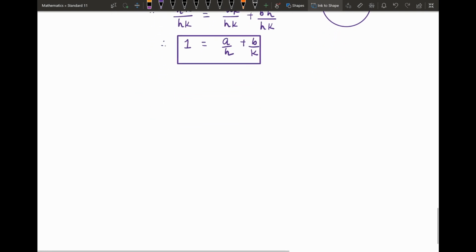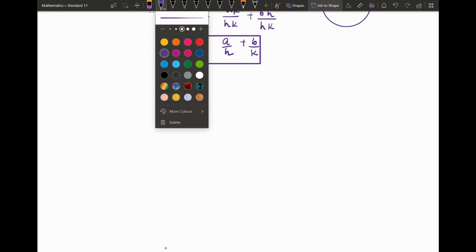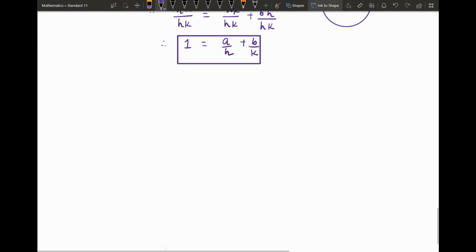If the slope of a line is known, then that equation is known as point slope form. If a line passes through (x1, y1) and has slope m, the equation is known as point slope form.